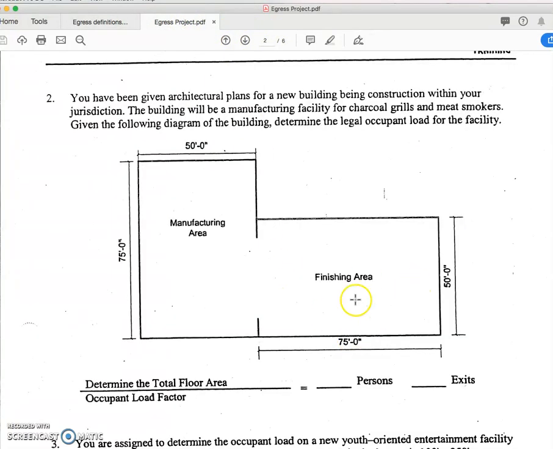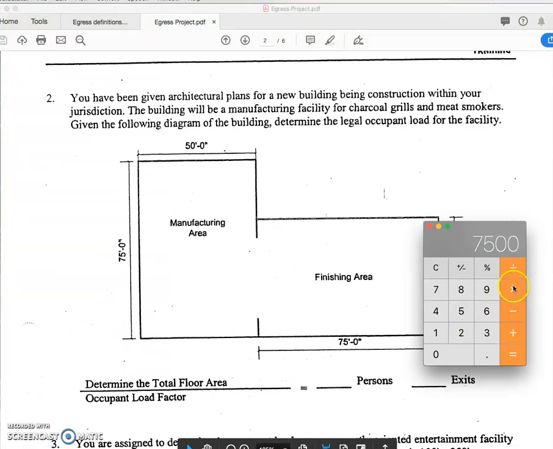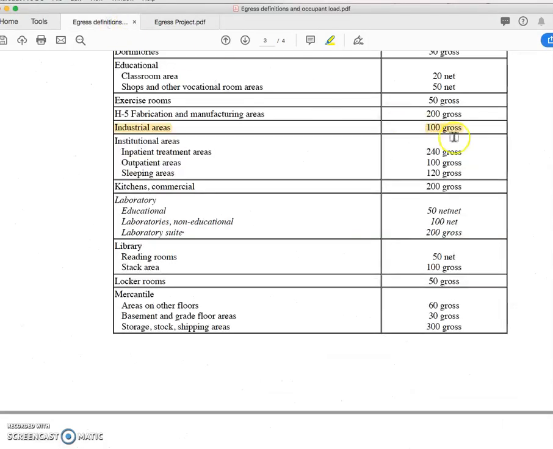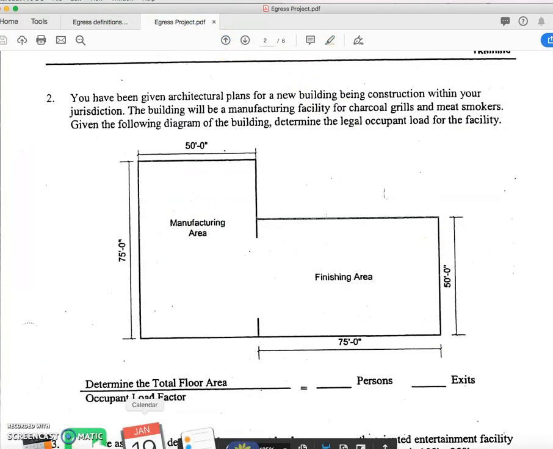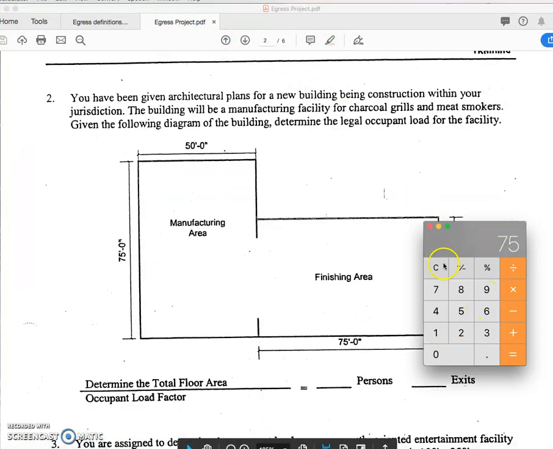So we go back to our calculator again. 7,500 divided by 100 equals 75, right? That was our number, 100 gross. So it would have been 75 people, and all that requires is 2 exits.